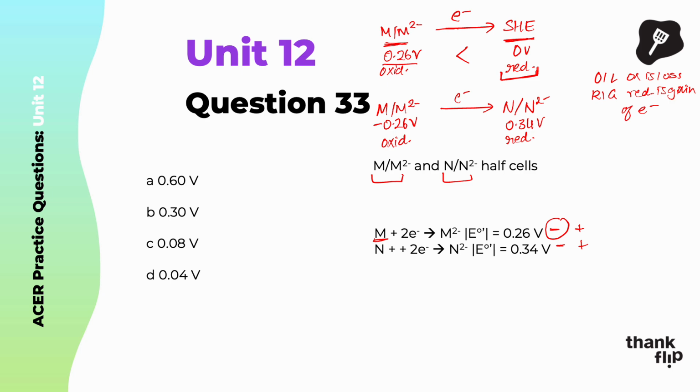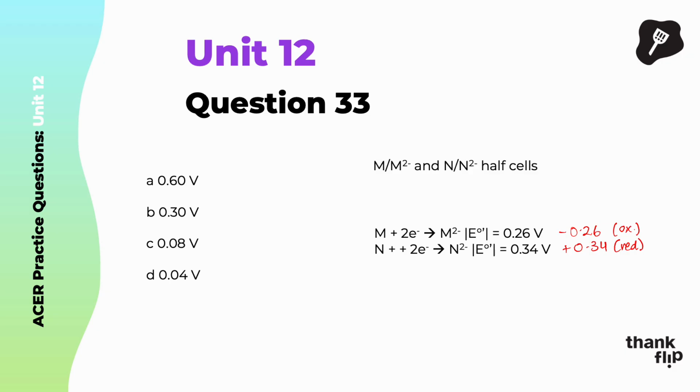The side that is getting reduced must be more positive than the side that's getting oxidized. If this was a negative sign here, then it would be less positive than the M half cell. But we know that it's getting reduced, so it has to be more positive, and so we can say that this one has a positive sign.